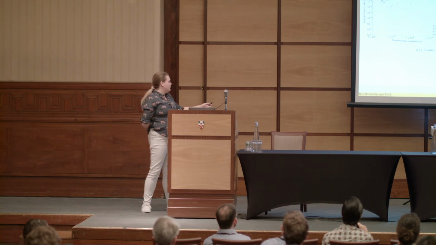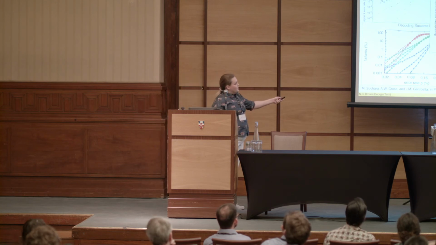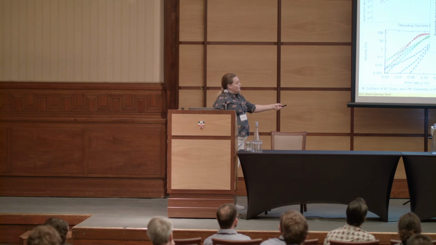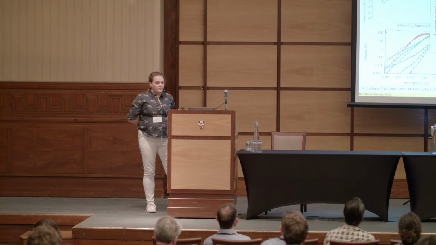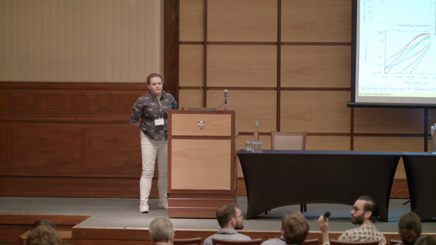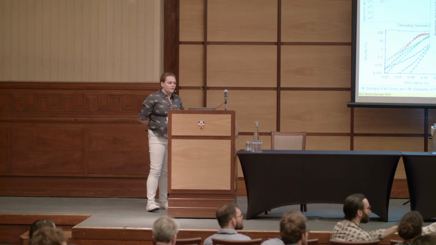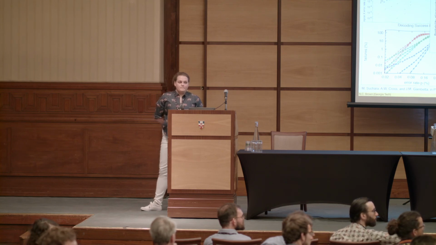Okay. And in this plot, the leakage rate is 1-to-1 with the 2-qubit gate probability. And again, both of those are motivated by the platforms that they're trying to simulate. Okay, thanks.